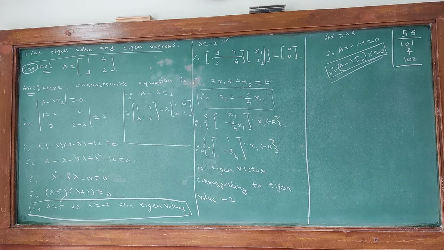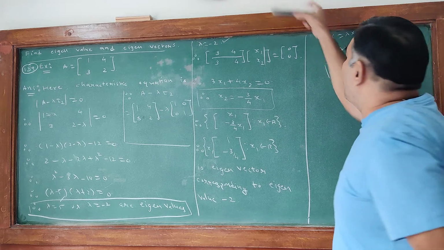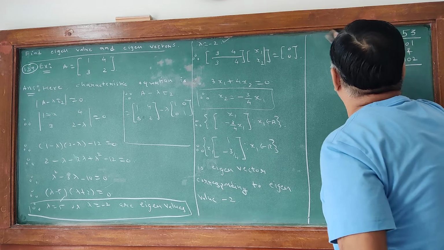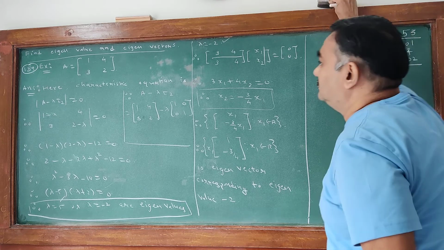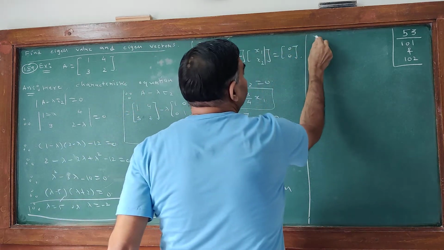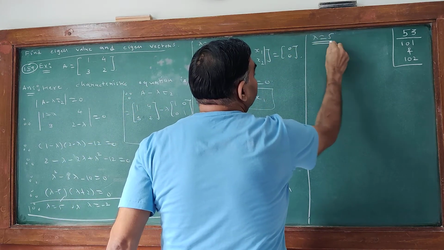So for the next one, we have value of lambda. Lambda is minus 2 here, and here lambda is equal to 5.